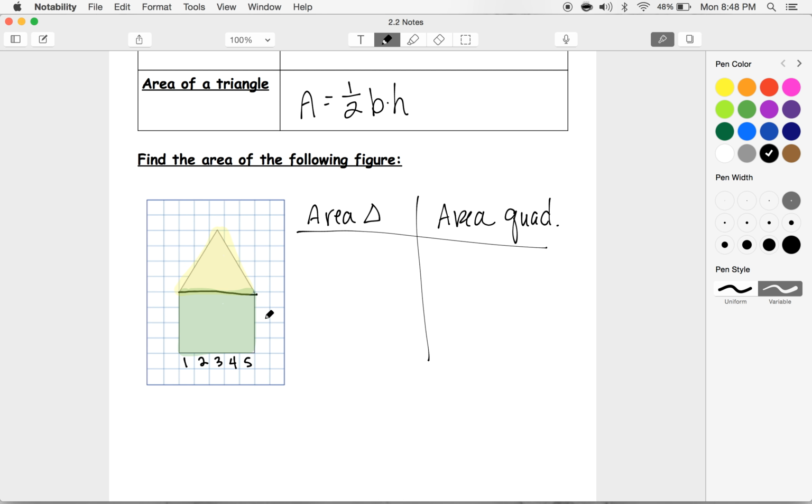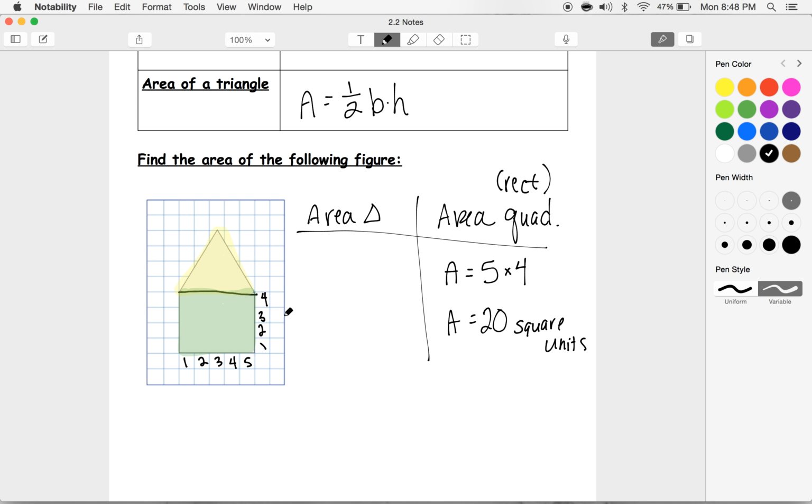Looks like the base is 5. 1, 2, 3, 4. The height is 4. So area equals 5 times 4. Looks like he is a rectangle because my base and my height are different. So area equals 20 square units.